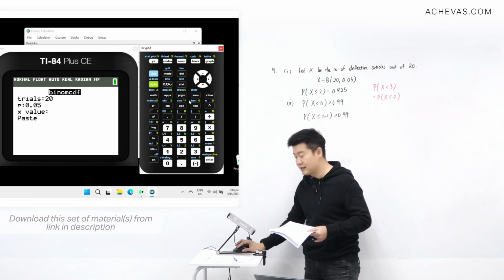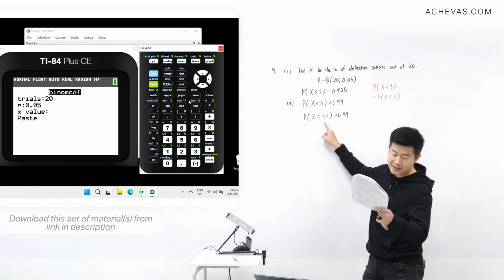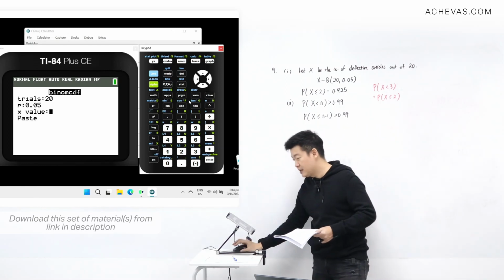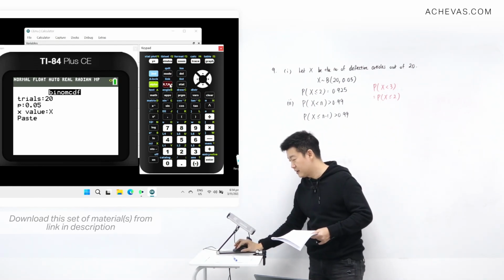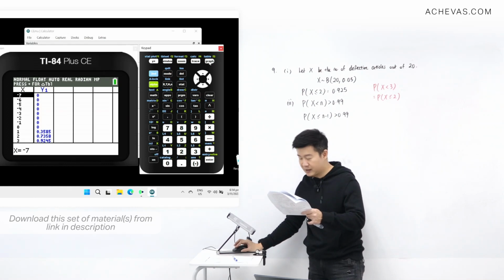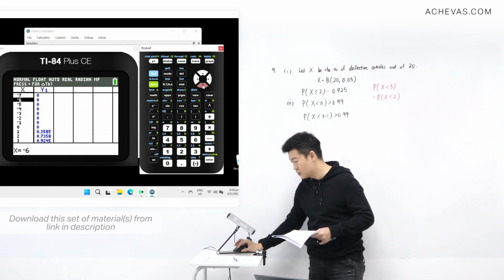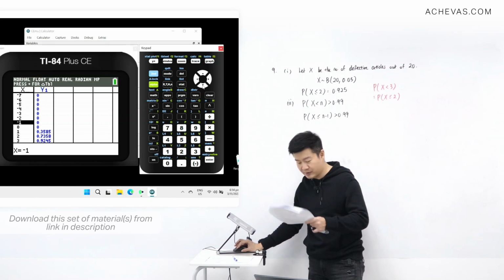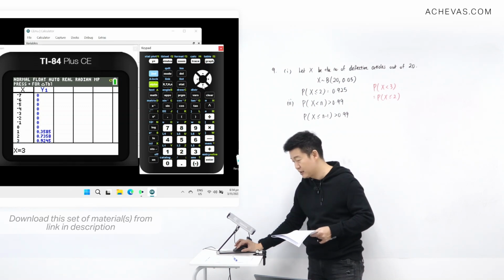And the value of x is supposed to be less than or equal to n minus 1, so here it is going to be x minus 1. We paste this in y1 and generate a table. In the table, let's scroll down a little more. We are looking for something bigger than 0.99. It is still not more than 0.99. And here we go, we see something that is bigger than 0.995.